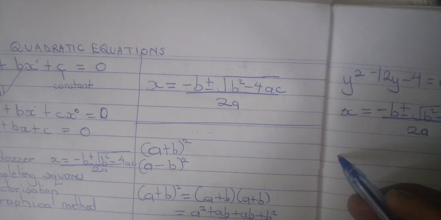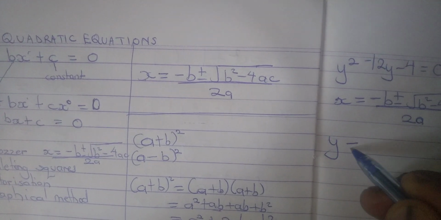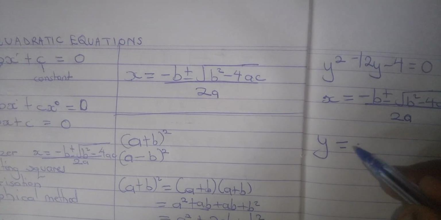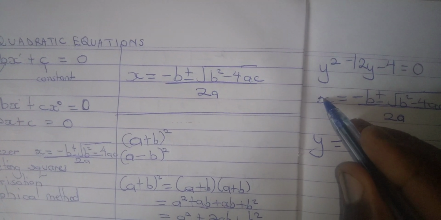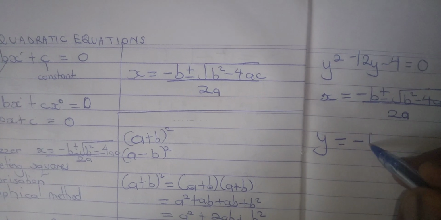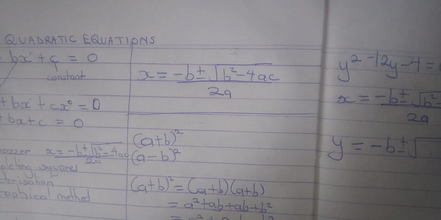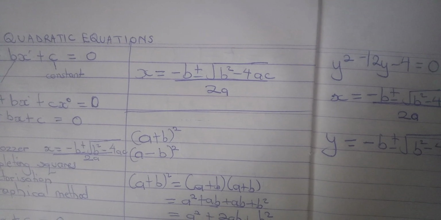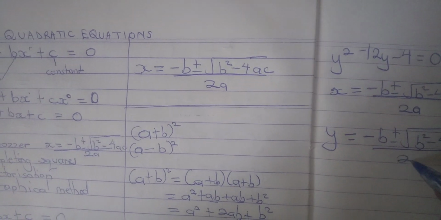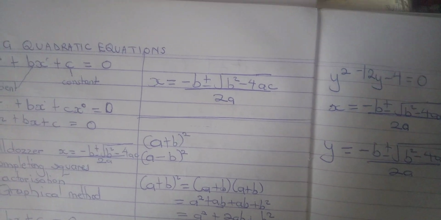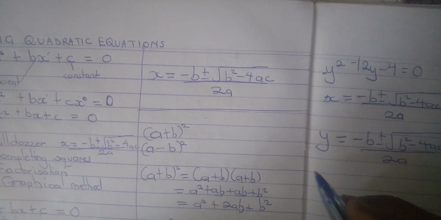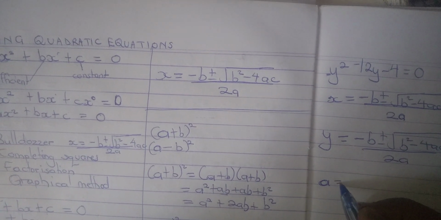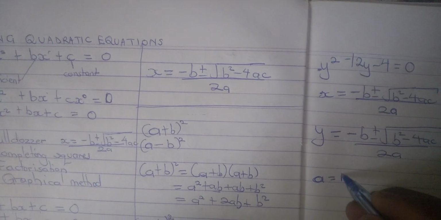Take note that this is not x, we are having a y. So our y equals negative b plus or minus the root of b squared minus 4ac over 2a. According to the quadratic equation, the coefficient on y squared is our a, so a is 1.